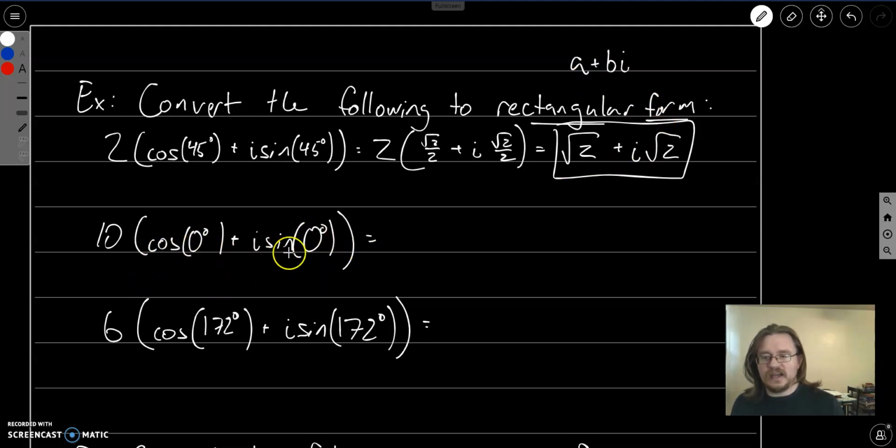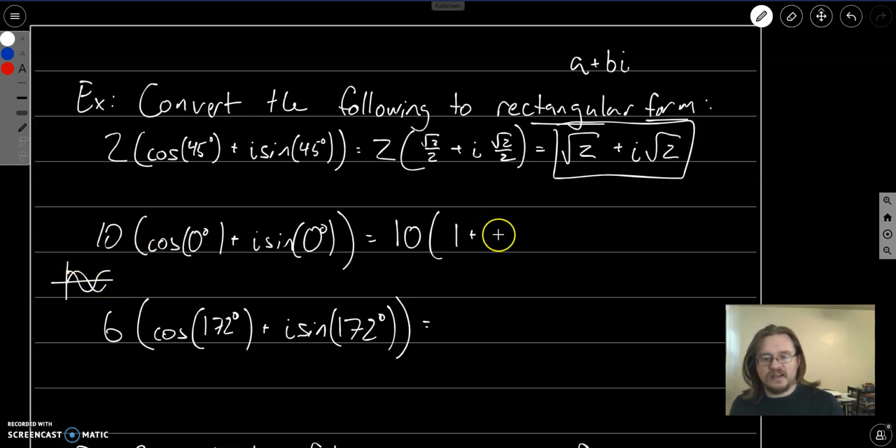Cosine of 0 and the sine of 0. So it's going to be 10. The cosine of a 0-degree angle, when we think about graphing cosine, starts at 1. So cosine of a 0-degree angle is 1. The sine of a 0-degree angle, the sine starts at 0 and then starts oscillating.